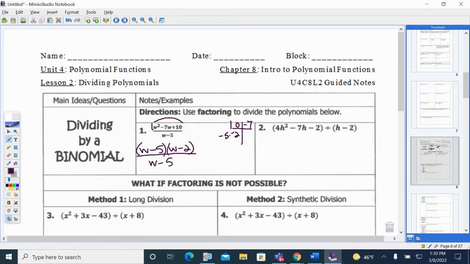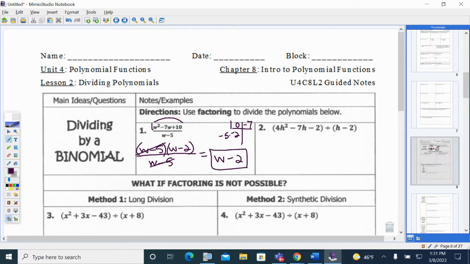Now, when we go to reduce this, w minus 5 is a binomial. We can only reduce fractions that have binomials as long as the binomials match exactly. So the w minus 5 in the top can cancel with the w minus 5 in the bottom, leaving me with w minus 2 for my answer.